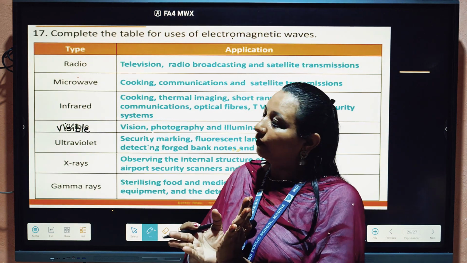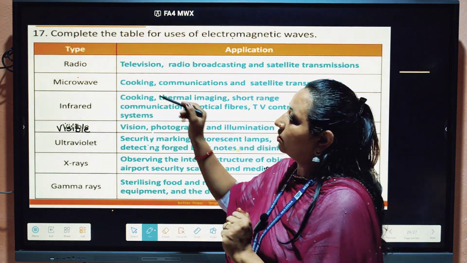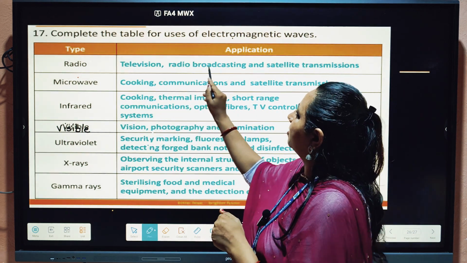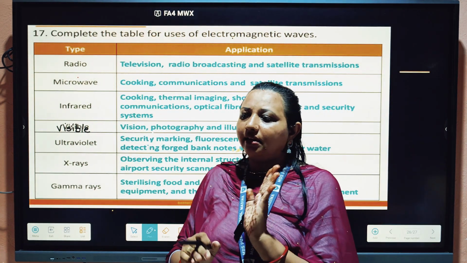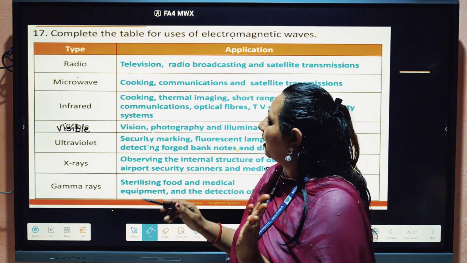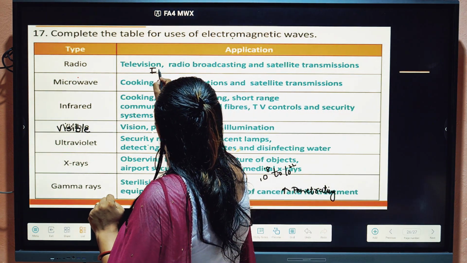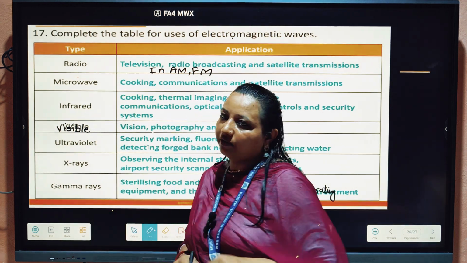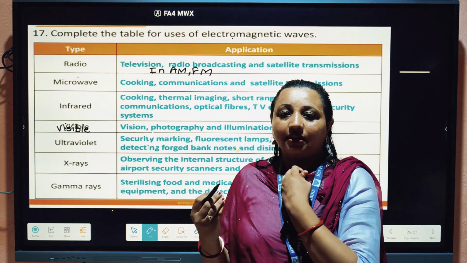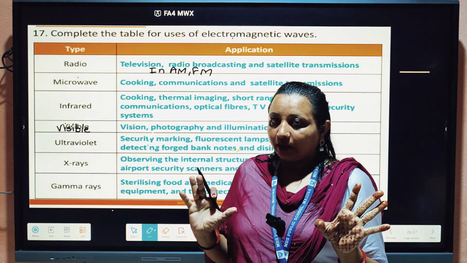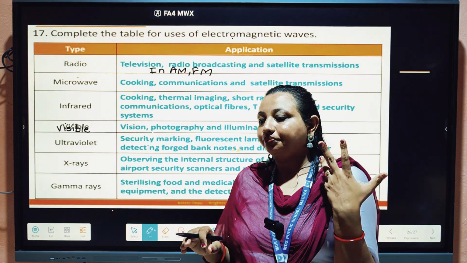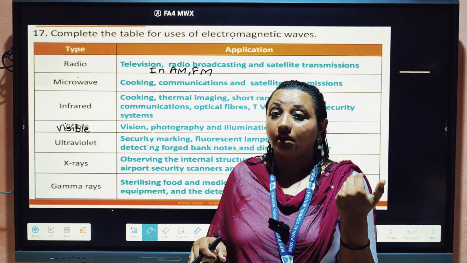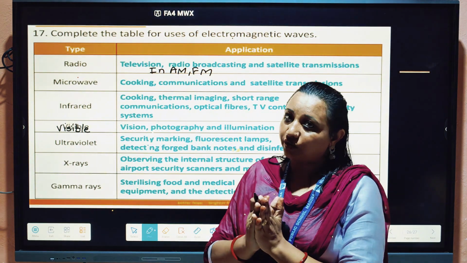Radio waves, as the name suggests, are used in television and radio broadcasting and satellite transmission, in AM and FM, amplitude modulation and frequency modulation, we can say. When you watch any live telecast of cricket or the channels or FM, radio waves are used there.